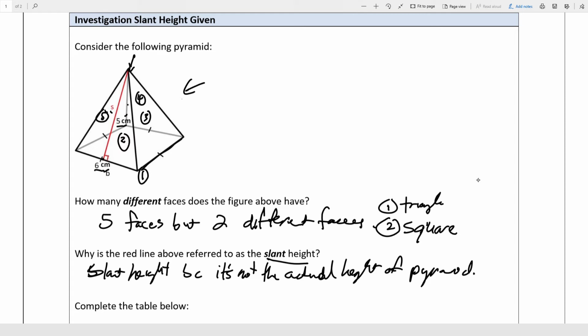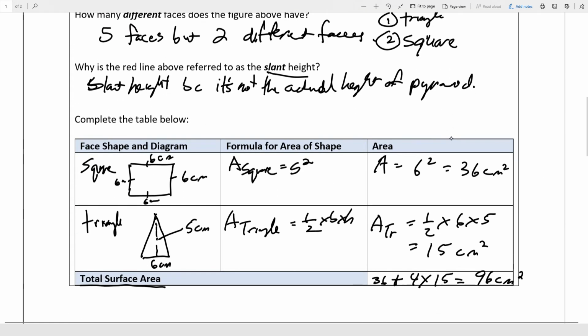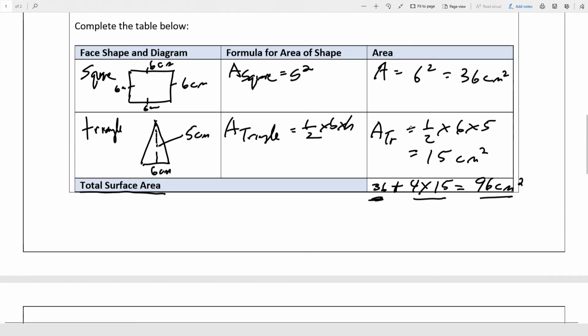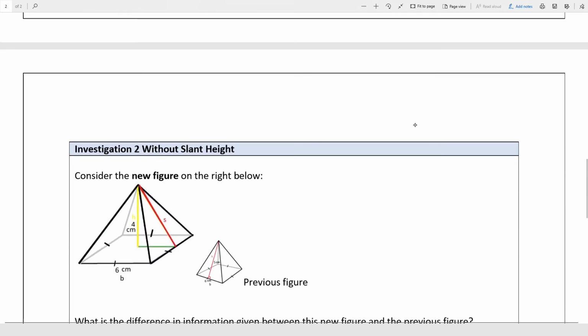Without the height of the triangle, it becomes a little bit harder because you need the height of the triangle to find its area. So that's what we did. We got the area of the square, we got the area of the triangle, we multiplied the area of the triangle by 4 because there are 4 of them, and then we added the area of the square to get the total surface area of the square-based pyramid with the slant height.